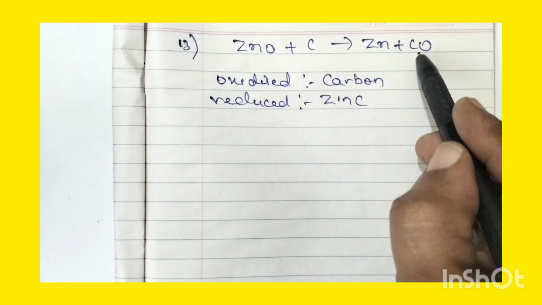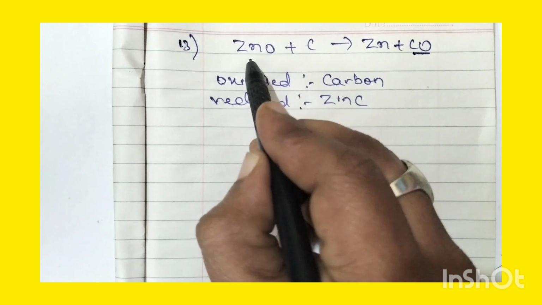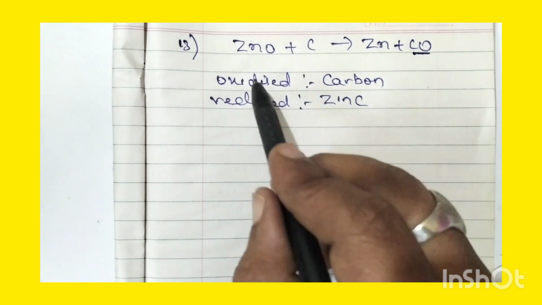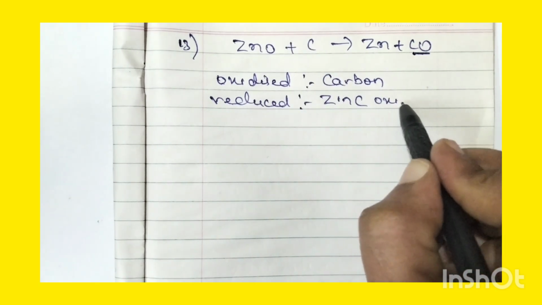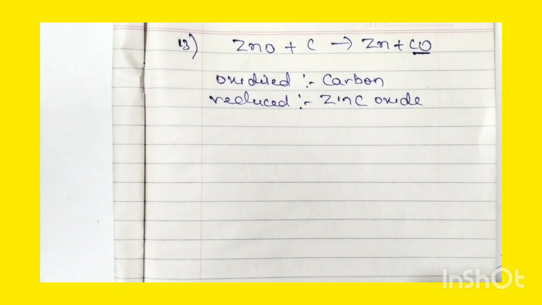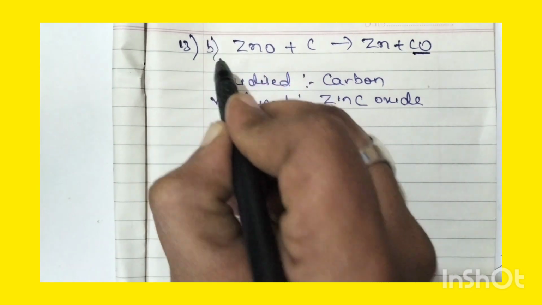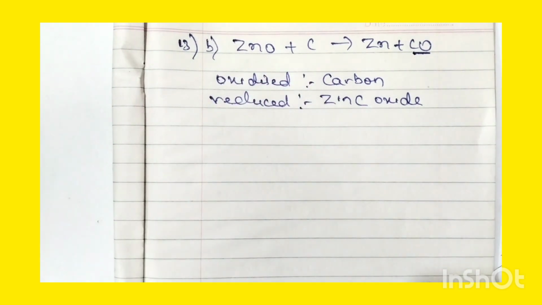Carbon is oxidized to carbon monoxide. Zinc oxide is reduced to zinc. Carbon is oxidized and zinc oxide is reduced to zinc.